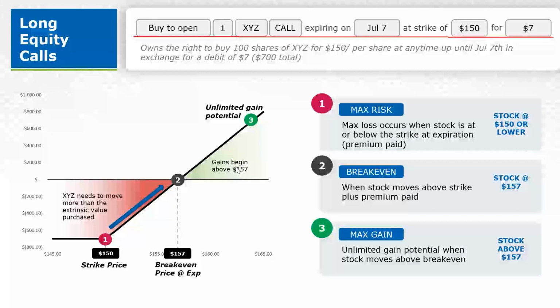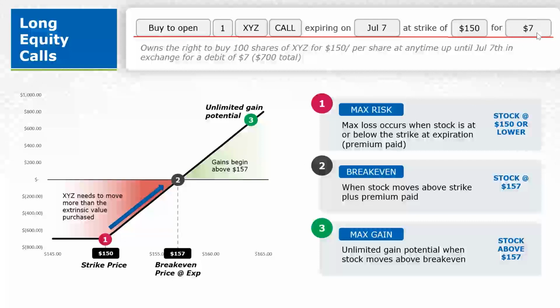So gains begin above 157 at expiration, and losses are actually limited. That is a huge benefit of call options: when you purchase a call option, the max risk only occurs when the stock is below the strike price at expiration, and that is reflected by the premium that you paid.